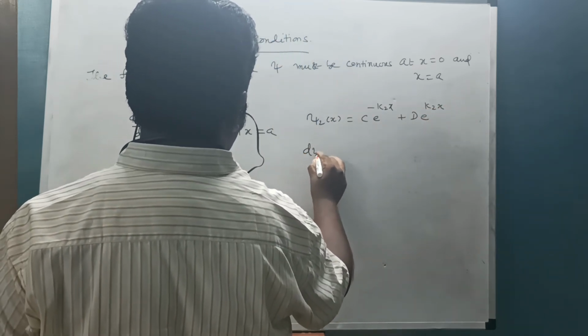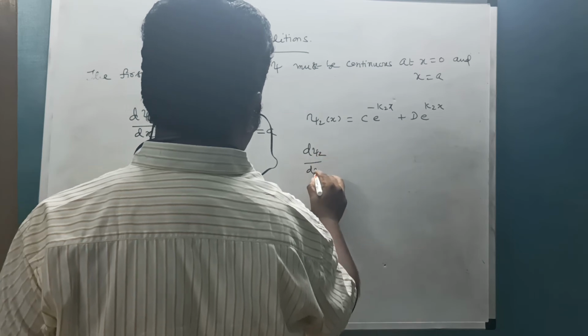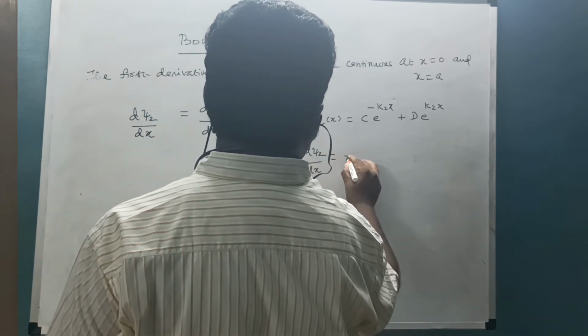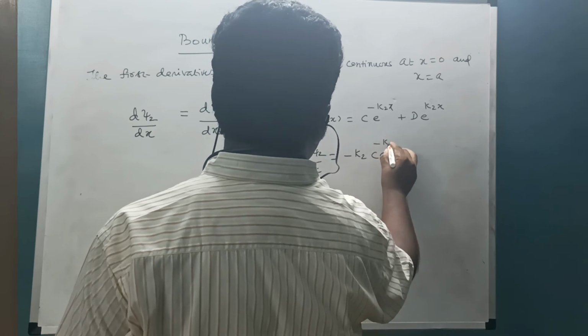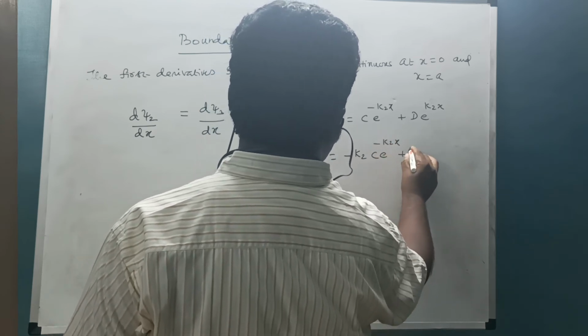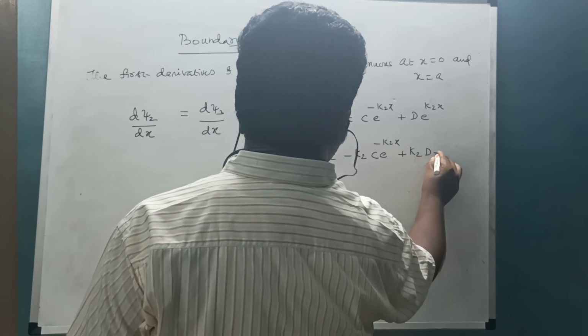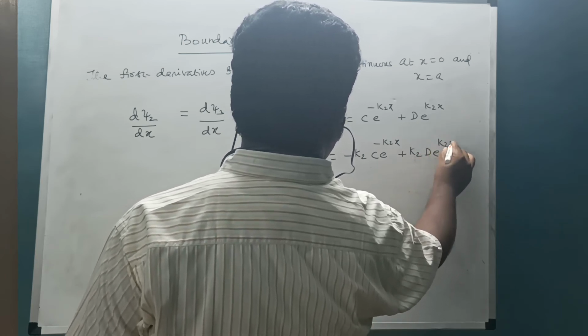Therefore d psi 2 by dx equals minus k2 c e^(-k2x) plus k2 d e^(k2x).